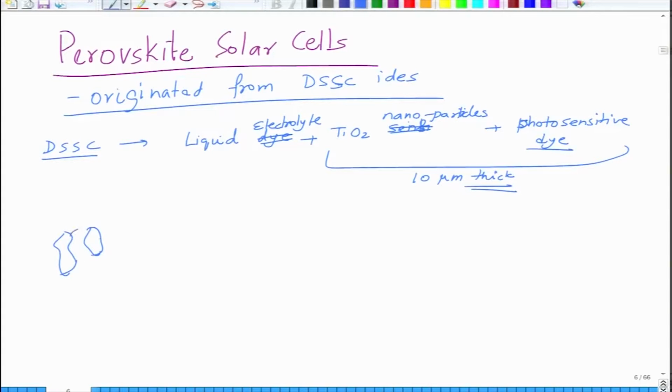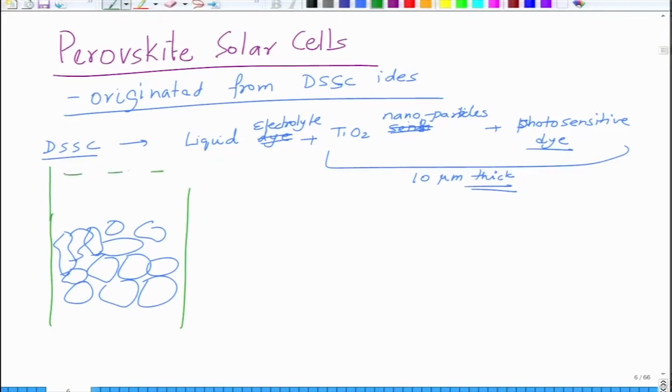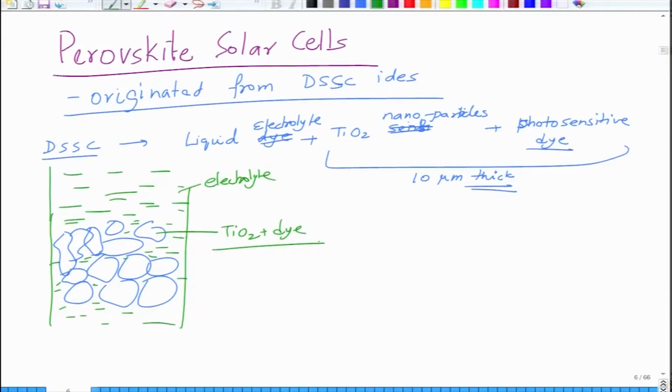You had this nanostructure which was interconnected like this, and it had dye in contact with it, and the electrolyte also got impregnated into this. So, this was electrolyte and this was TiO2 plus dye. Okay.